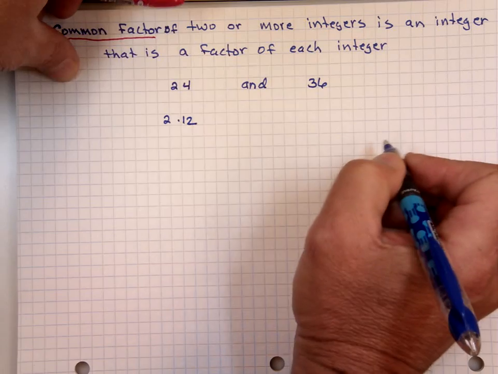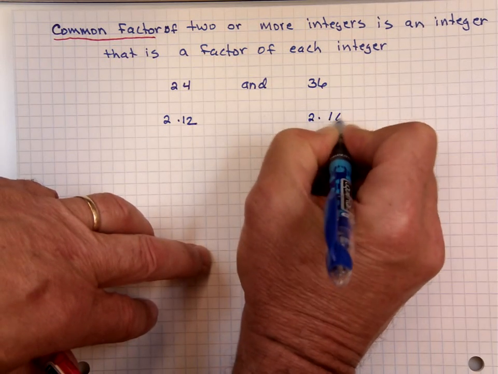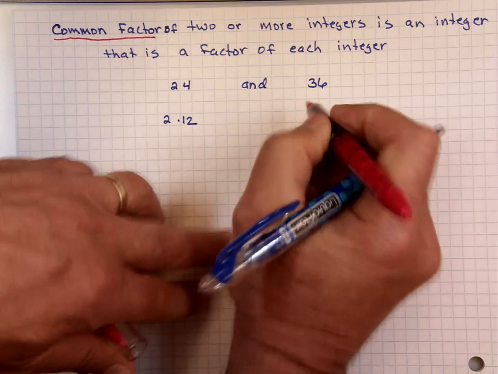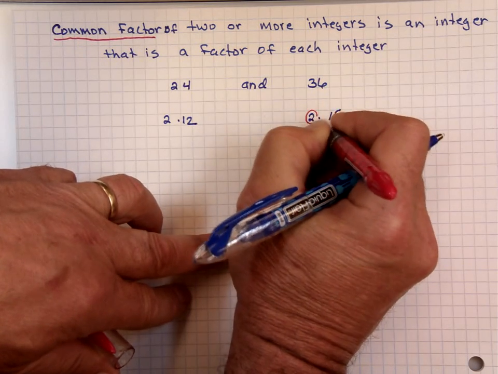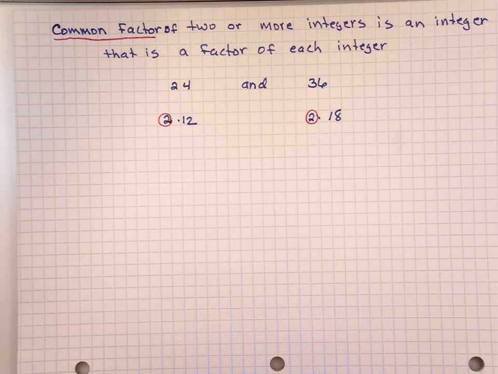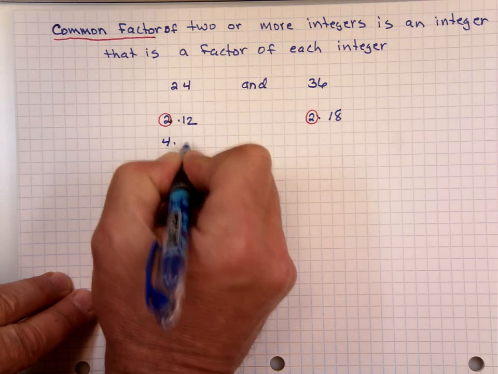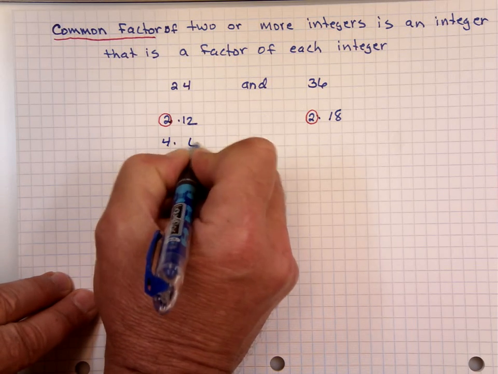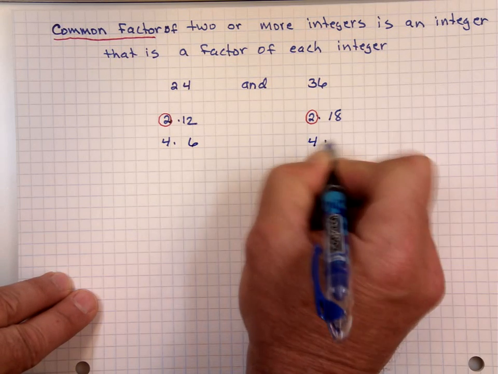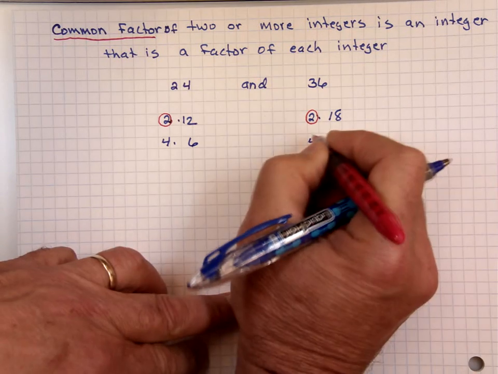And 36, I can write that as 2 times 18. So 2 is a common factor. Notice it is in both numbers. Also 24, I can write that as 4 times 6 and 4 times 9. That means here 4 is a common factor.